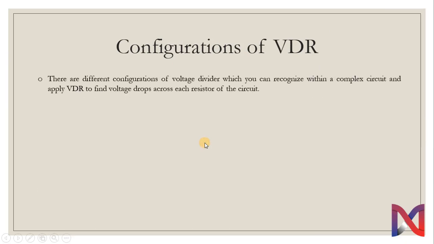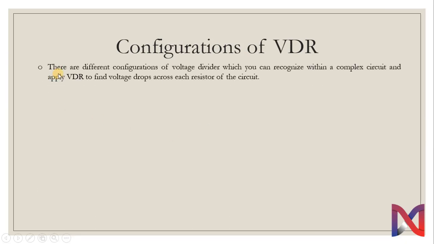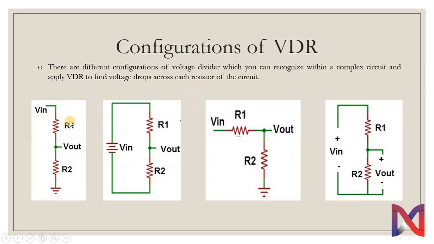There are different configurations of the voltage divider rule which you can recognize within a complex circuit and apply the voltage divider rule to find the voltage drop across each of the resistors in the circuit. Here you can see different configurations of resistors through which you can apply the voltage divider rule and find the values of voltage drop across the resistors.